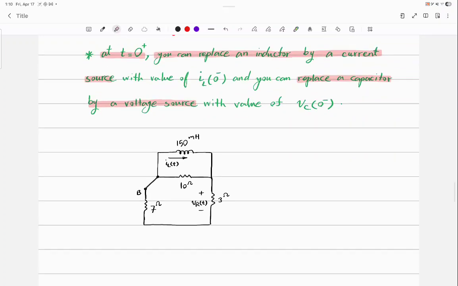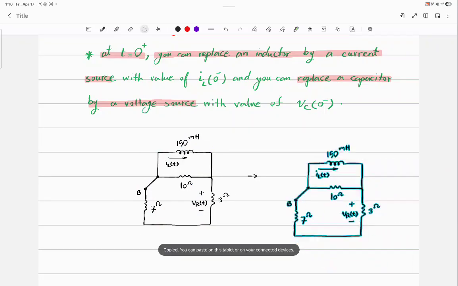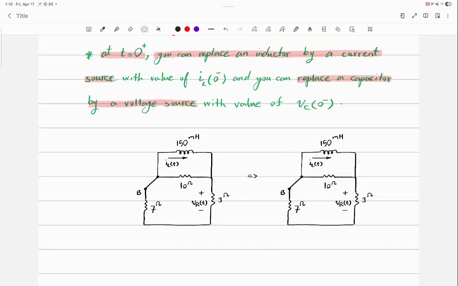What is the value of that? It's equal to IL0. Why?